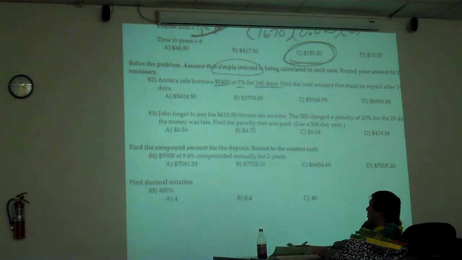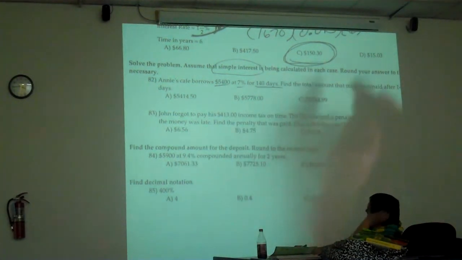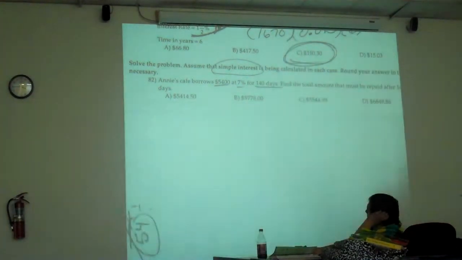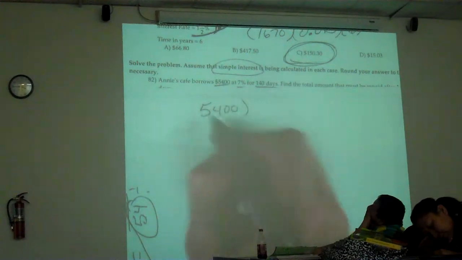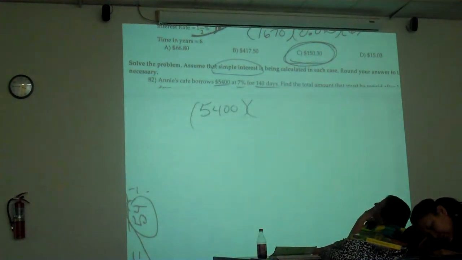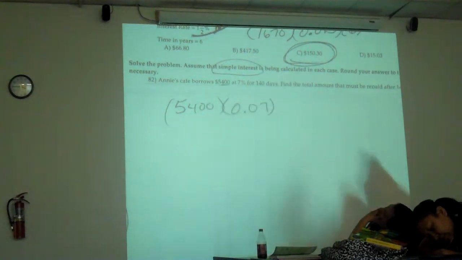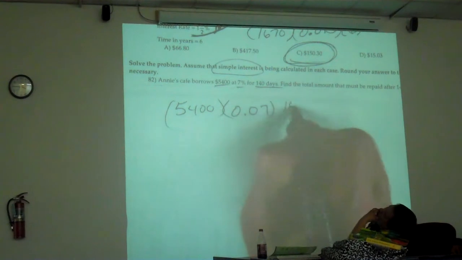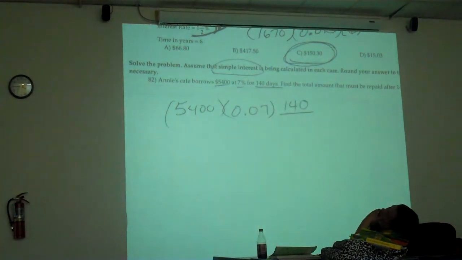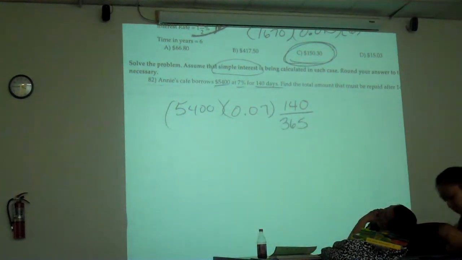We have 5,400 at 7%, which is 0.07. 140 days, we're going to use 140 over 365, right, we use a 365 day year.